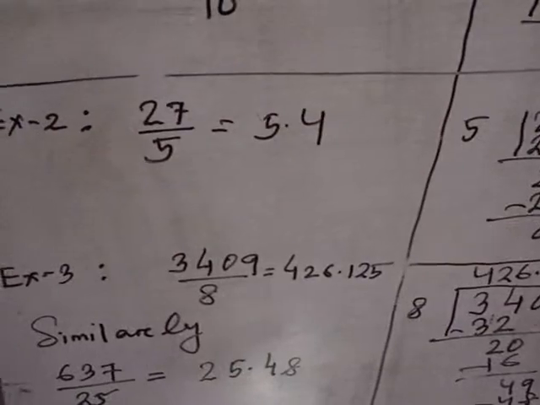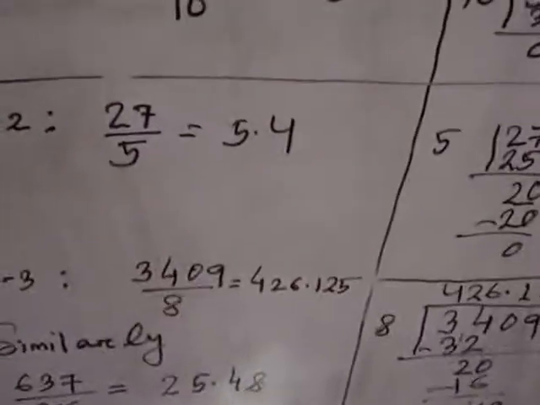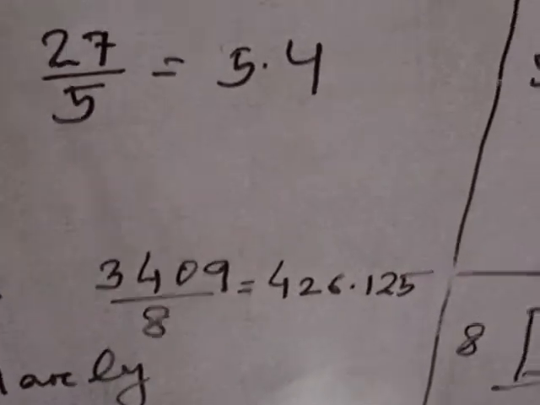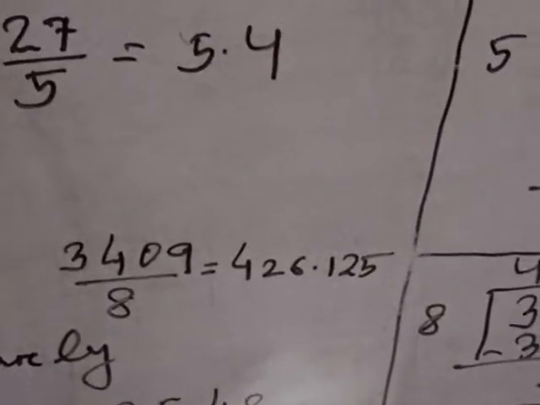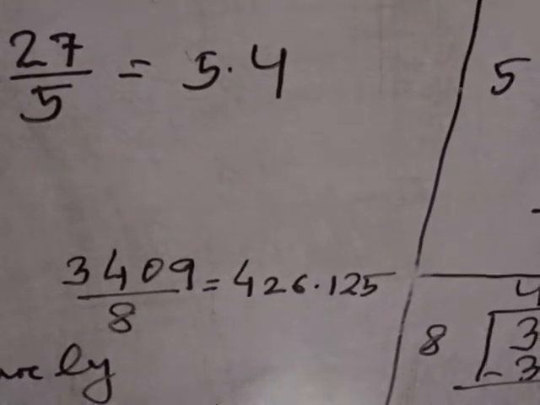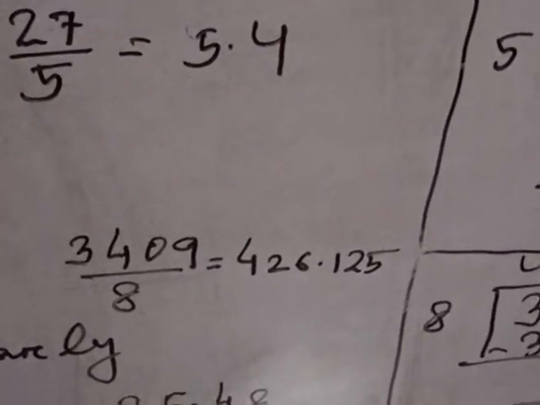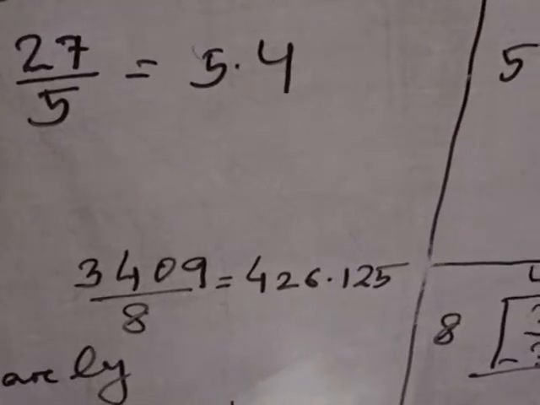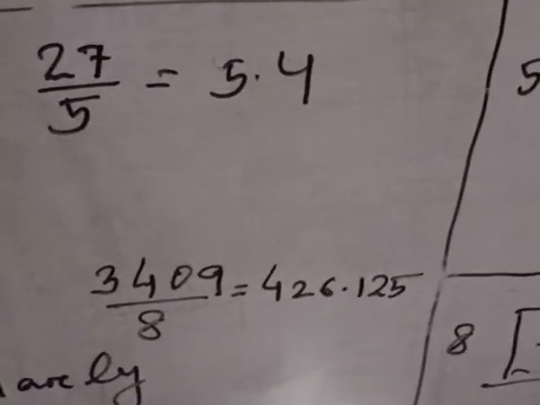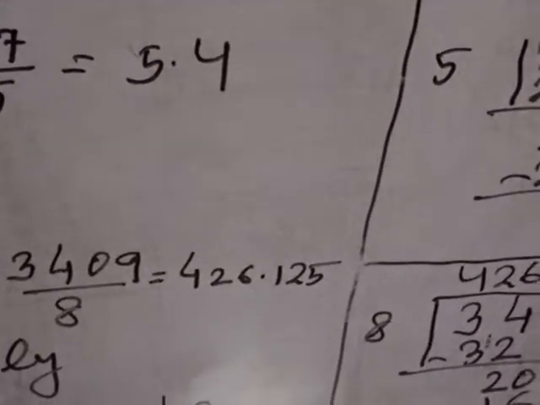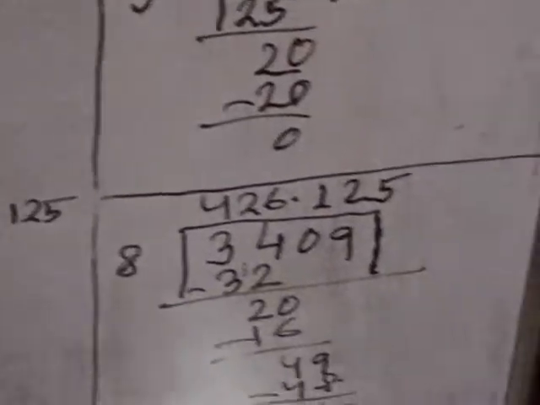Similarly, 3409 by 8 is equal to 426.125. If you are converting the fraction 3409 by 8 into decimal, it will be 426.125 by process of division.